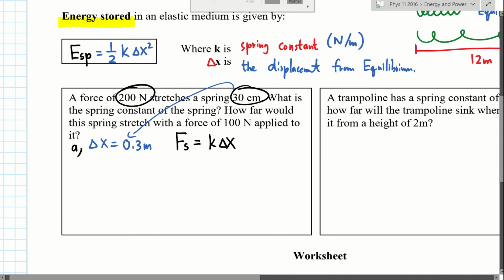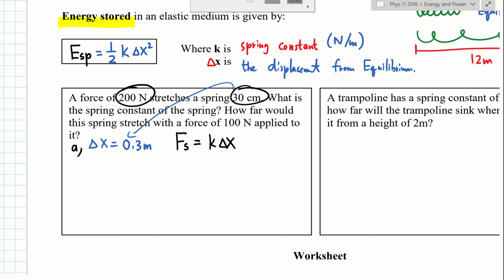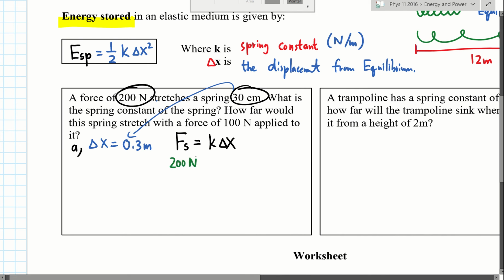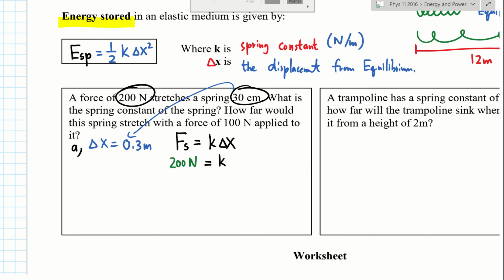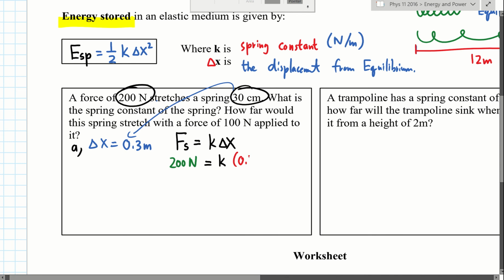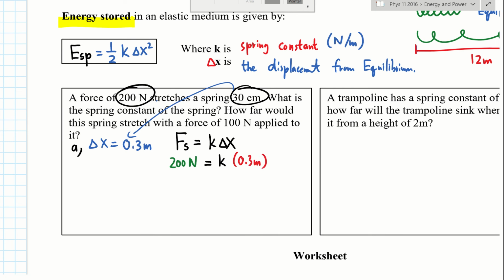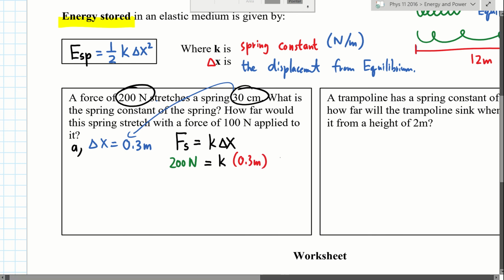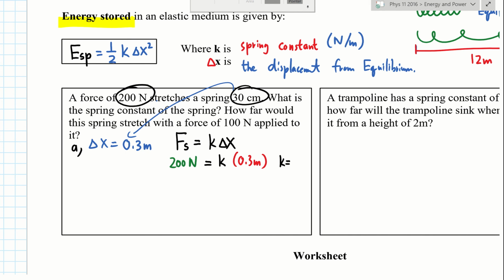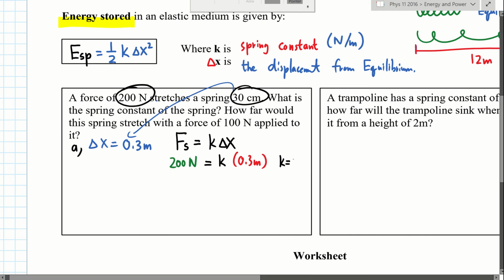So when you stretch a spring, the spring provides a force that counters that stretching. So we have a 200 Newton force, and we're looking for the spring constant when it's stretched by 0.3 of a meter. Using a calculator, we divide 200 by 0.3, and we find that the spring constant is about 667 Newton per meter.